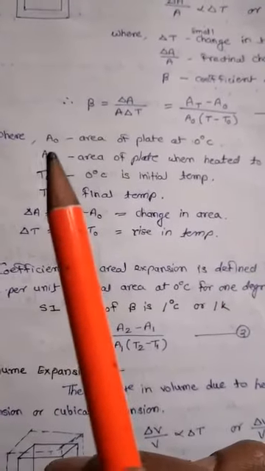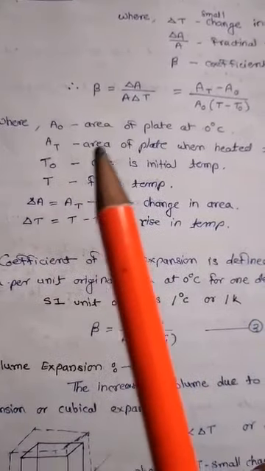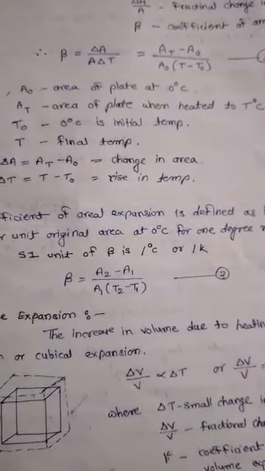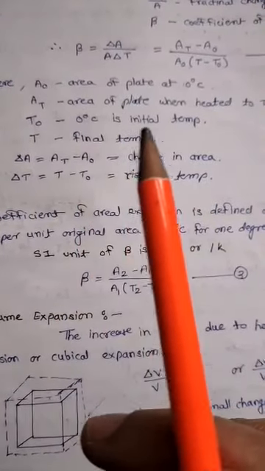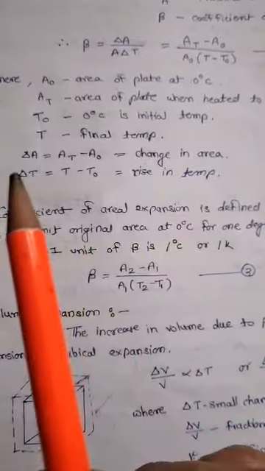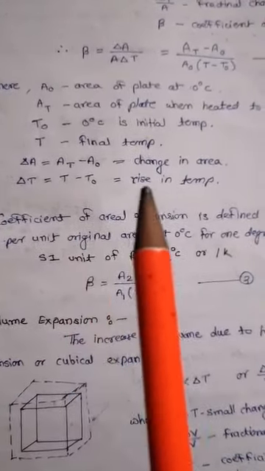Here A naught is the area of the plate at 0 degree Celsius, AT is the area of the plate when heated to T degree Celsius, T naught is 0 degree Celsius, the initial temperature, and T is the final temperature. Delta A is AT minus A naught, the change in area, and delta T is T minus T naught, the rise in temperature.